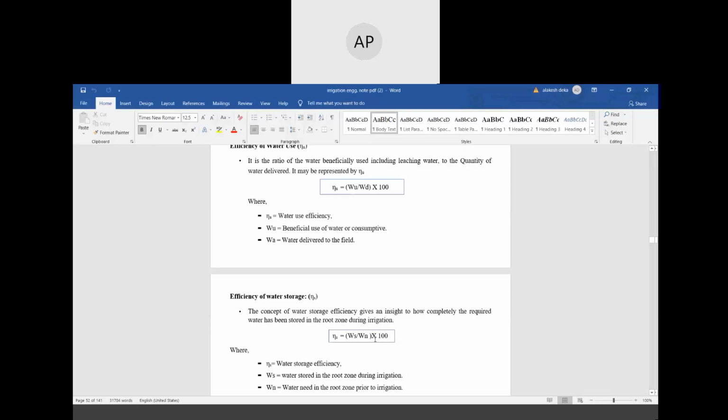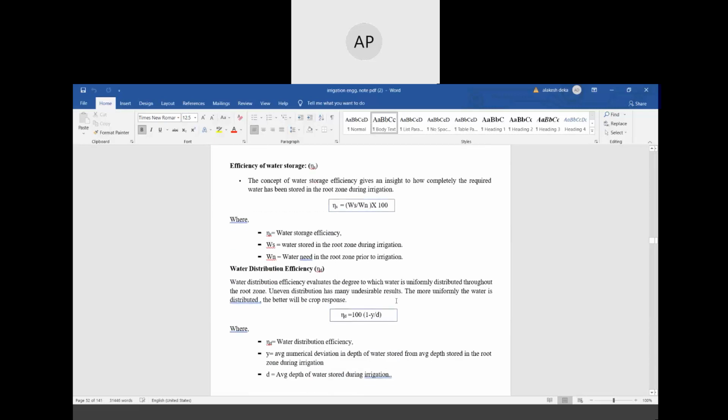Okay. In the last class, we discussed irrigation efficiency, isn't it? Water conveyance efficiencies, and after that, water storage efficiencies, isn't it?